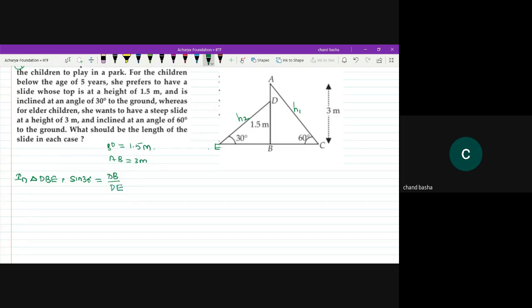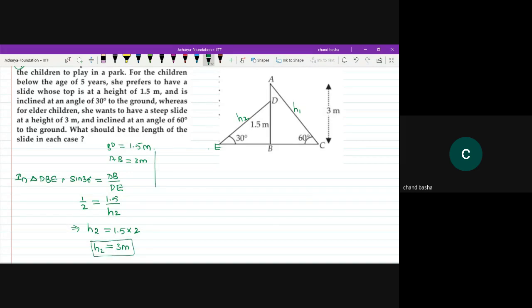Clear? Sine 30 degrees is 1 divided by 2, equal to BD value 1.5 divided by DE value, that is H2, which implies H2 is equal to 1.5 into 2. This should be 3 meters. H2 value is 3 meters.